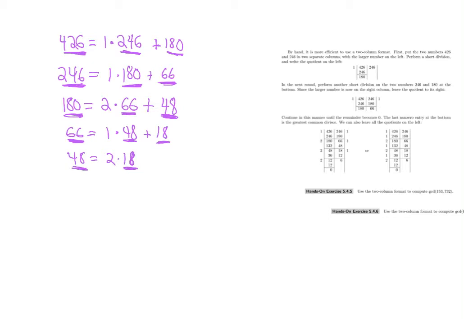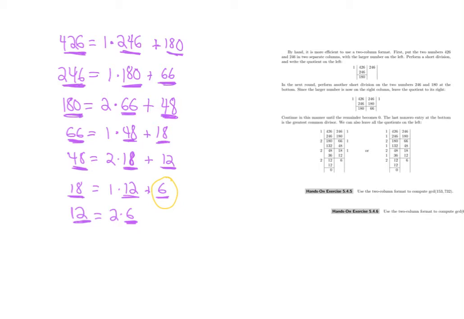When we subtract 36 from 48, we get 12. 18 is 1 times 12 plus 6, and then 12 is 2 times 6 plus 0, which tells us 6 is the GCD of 426 and 246. We saw that in the previous example. It doesn't hurt to see it unfold gradually in front of you.